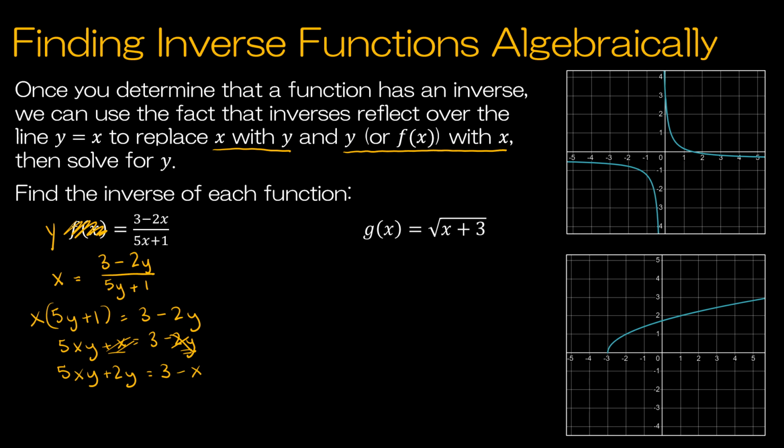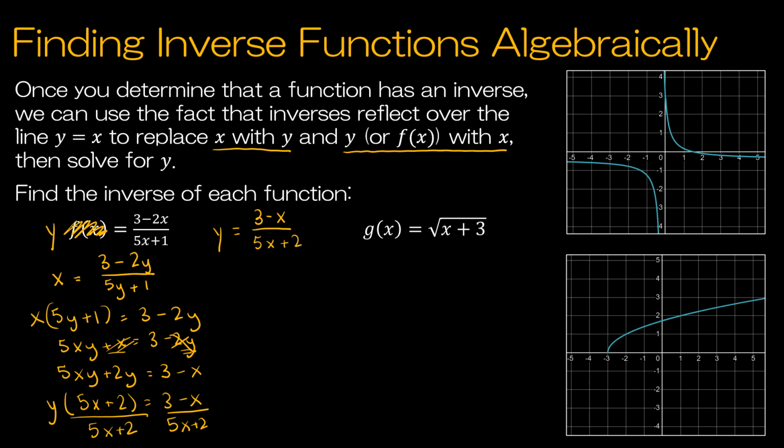I'm now going to factor a y out of both of these terms, leaving me with 5x plus 2. And then I'm simply going to divide each side by 5x plus 2. And that leaves me with y is equal to (3 minus x) divided by (5x plus 2).